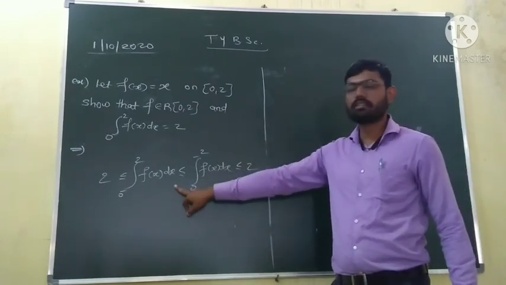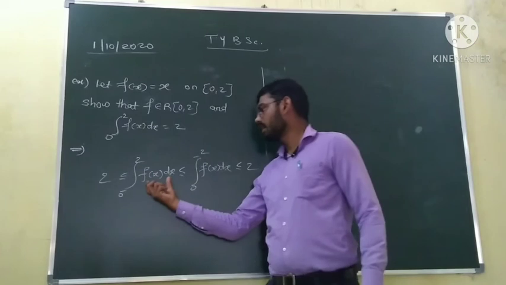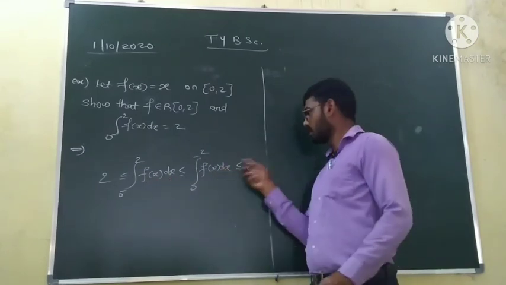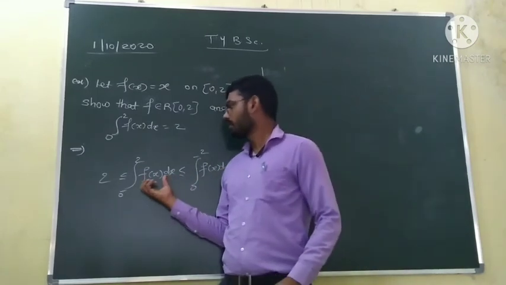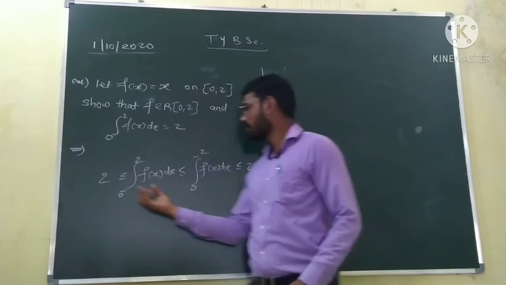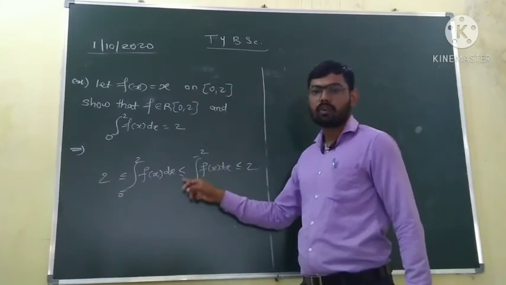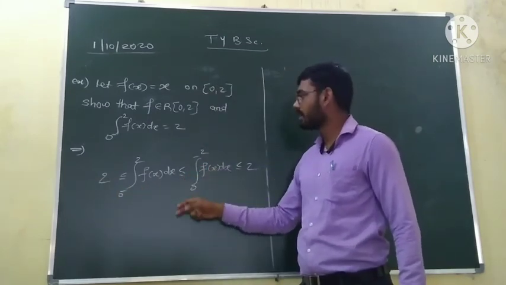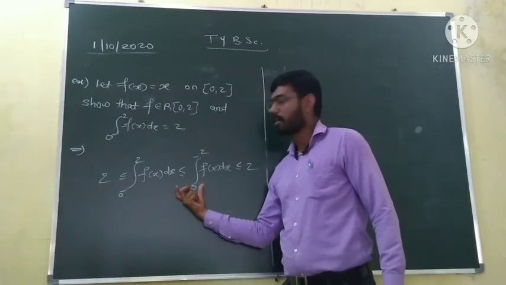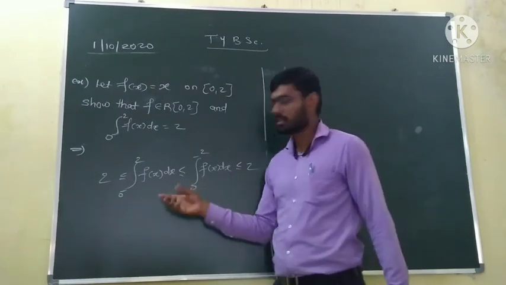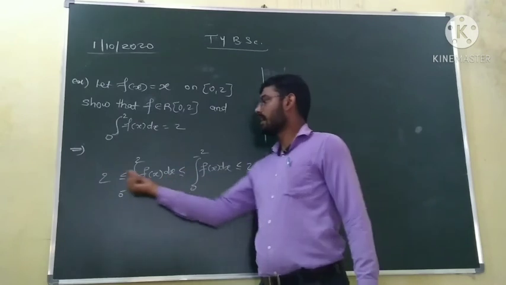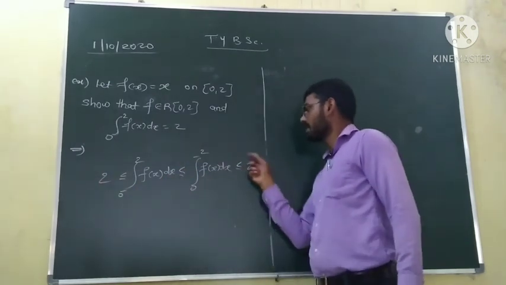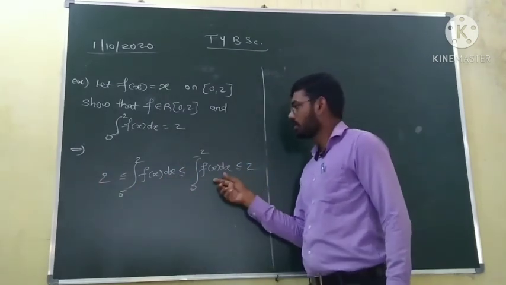Now observe these inequalities. The lower integral is less than or equal to the upper integral, which is less than or equal to 2, and the lower integral is always greater than or equal to 2. So from this we see that these two values must be the same and must equal 2, because one is greater than or equal to 2 and one is less than or equal to 2.